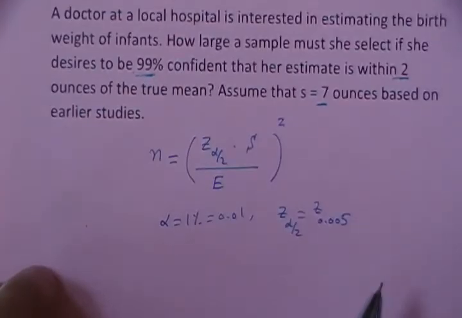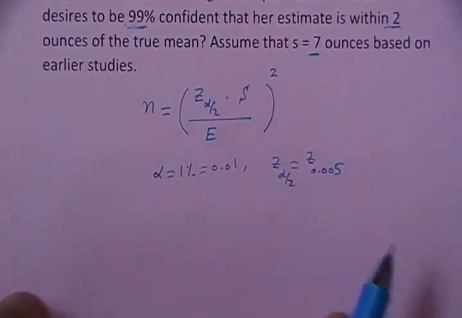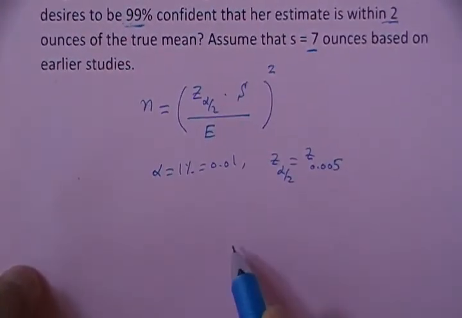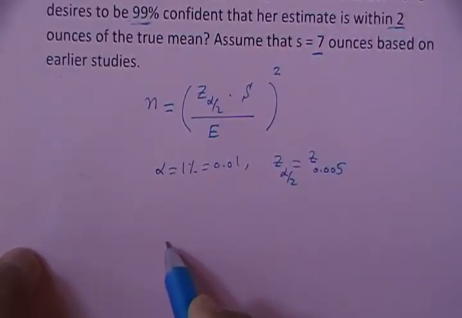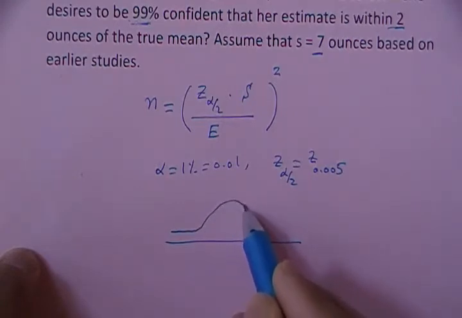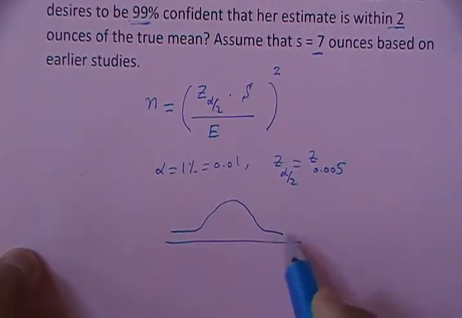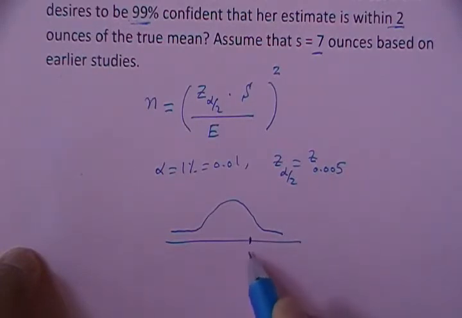What this means is that for the normal distribution, if we draw this standard normal distribution curve, z sub alpha by 2 would be a point here, in this case z sub 0.005.